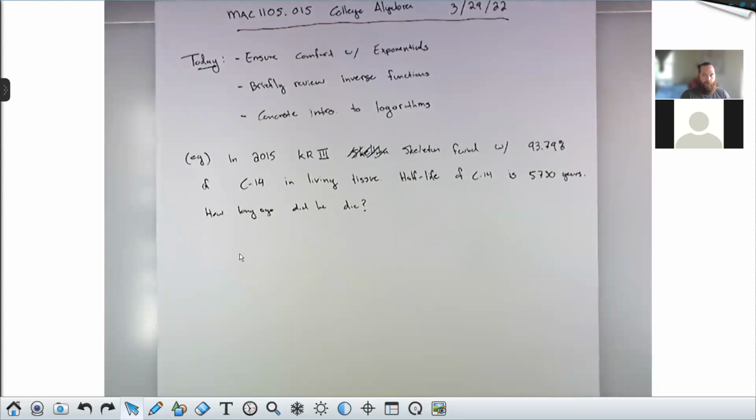So there are a lot of clues in this question as to the easiest way to set up the problem. What words here signal the kind of exponential function that I'm going to be modeling the carbon-14 content of King Richard III's skeleton?